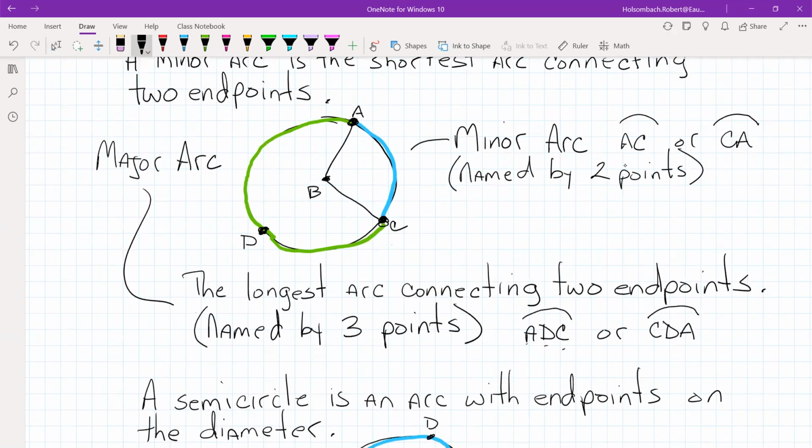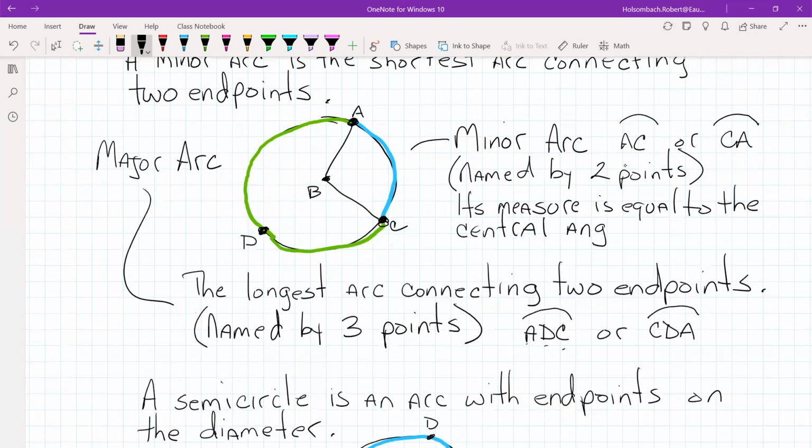Minor arc AC or CA is named by 2 points. Its measure is equal to the central angle. Minor arc's measure is equal to the central angle.